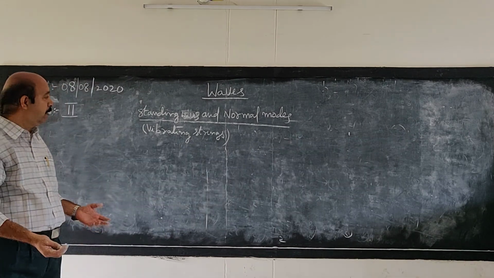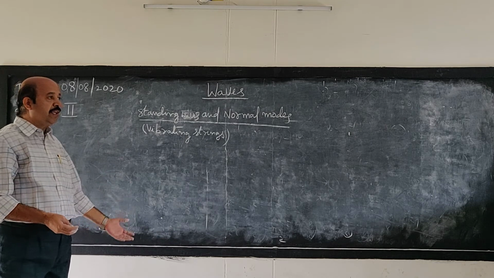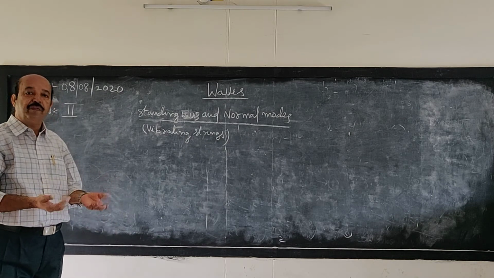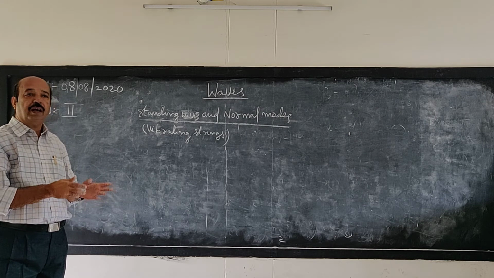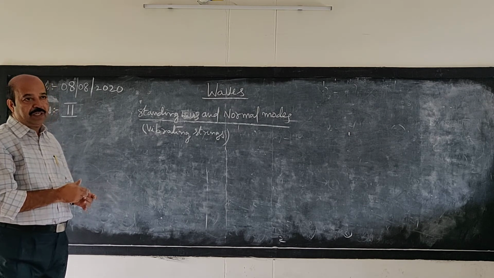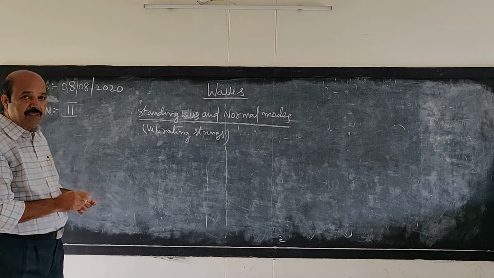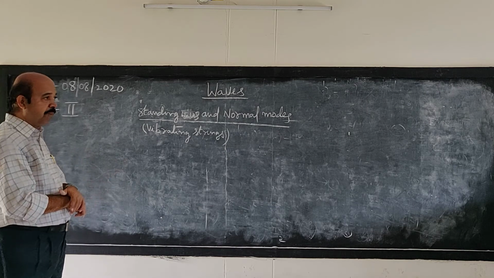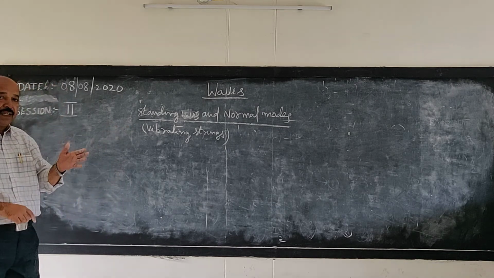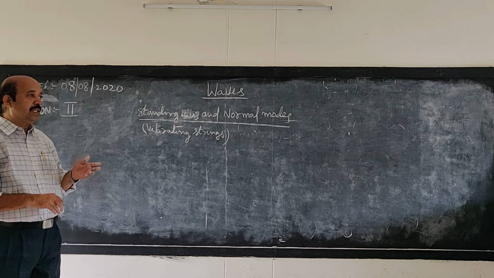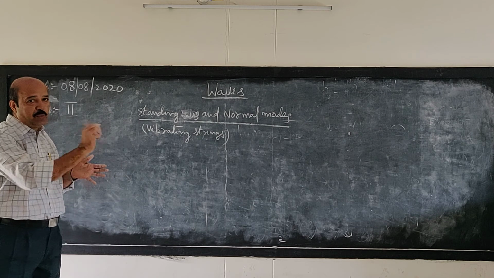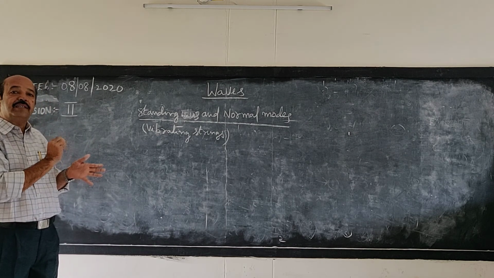We have seen that a string can vibrate in different modes, and we derived the formulas for the frequency of vibration of different modes of a stretched string when stationary waves are formed. When the string is vibrated, it makes vibrations in such a way that the waves produced are transverse waves.